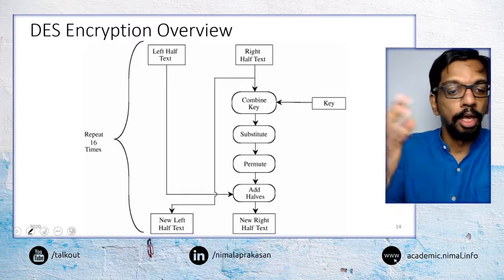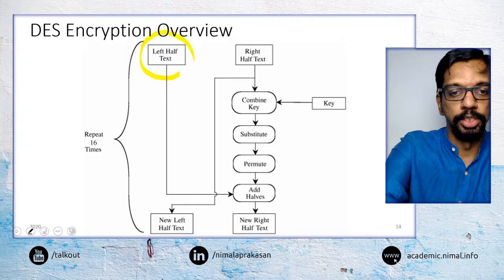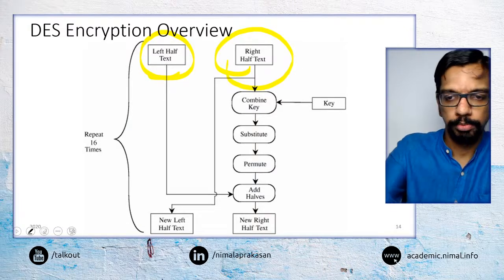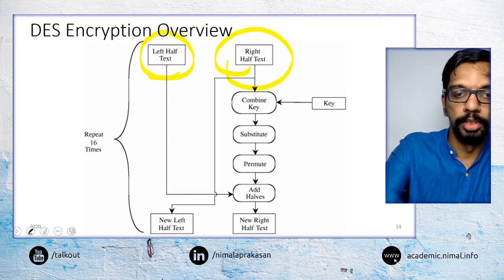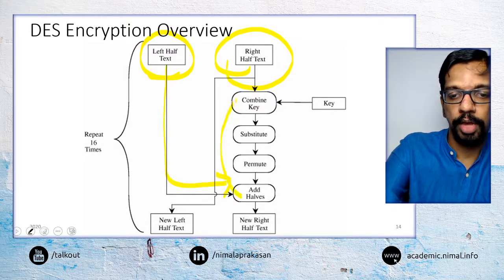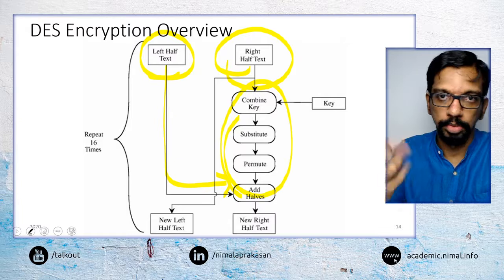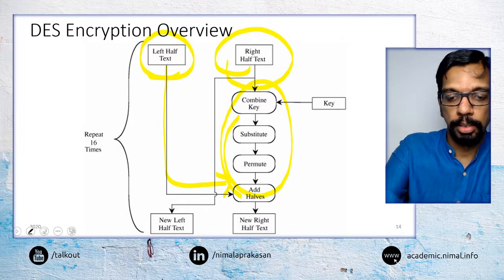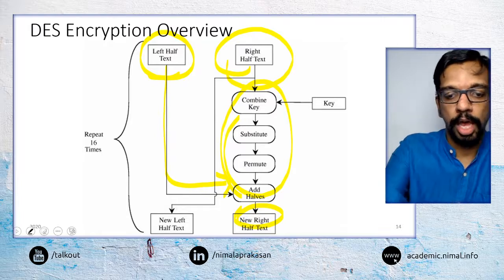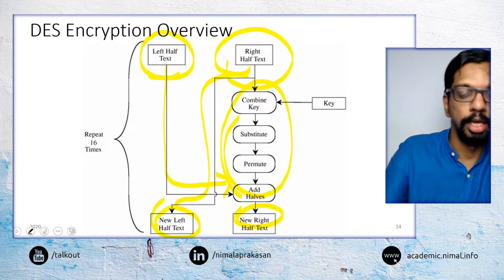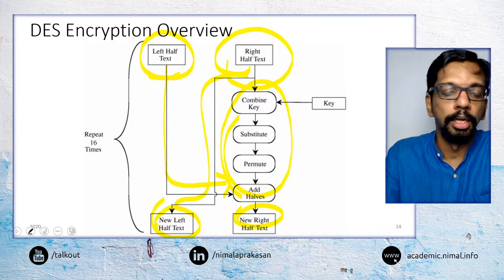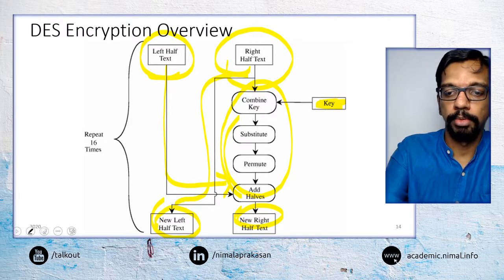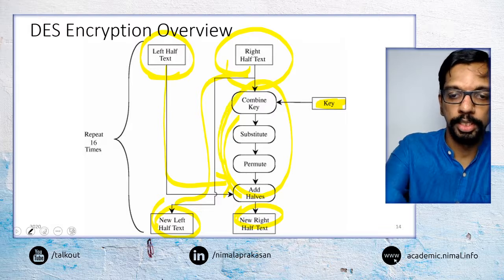We break the message into left and right halves, and then the left half is combined with the output of the cipher operations, and that is combined into the new right half, and the original right half becomes the left half. That is the basic idea, and we will have the key, and we will use that for that particular operation here.